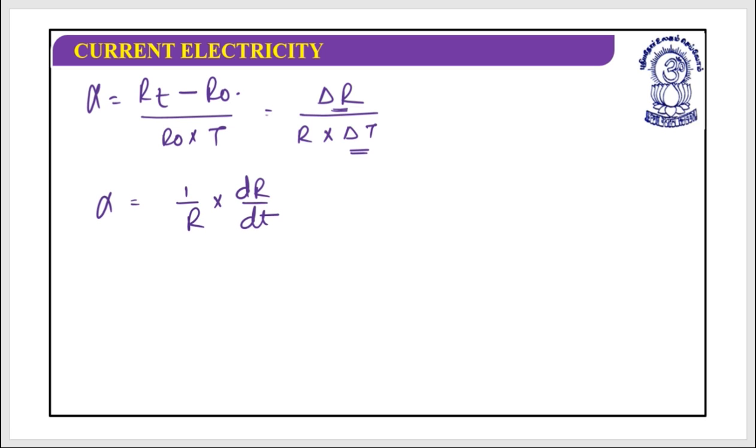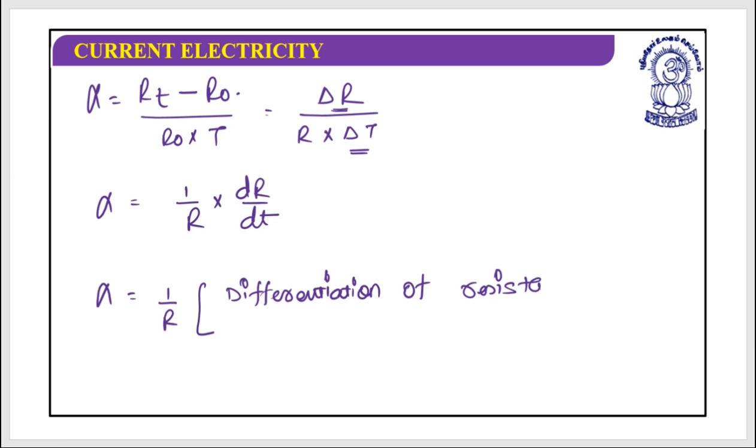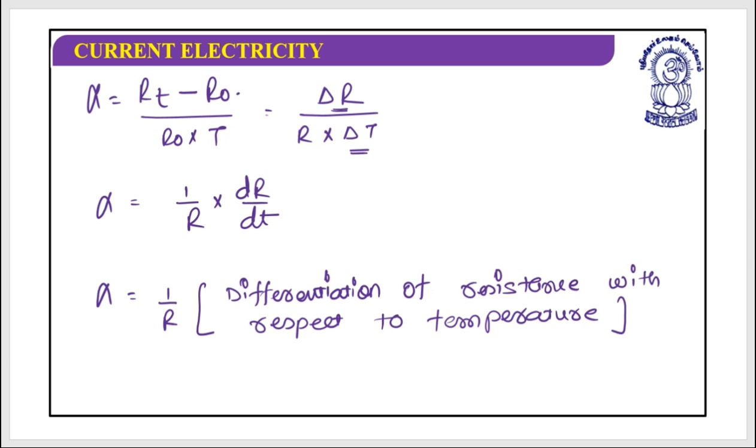So even alpha can be calculated using 1 by R multiplied by the differentiation of resistance with respect to temperature. So if I differentiate the resistance with respect to temperature, and multiply this with 1 by R, then I can calculate the alpha.